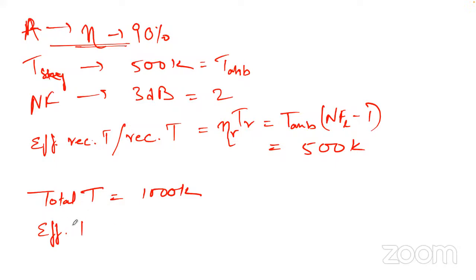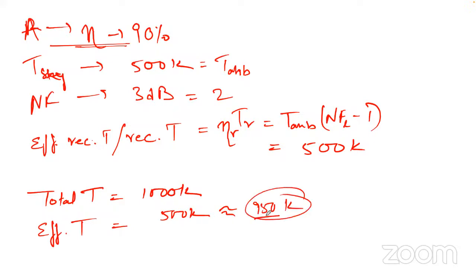Effective temperature will have this efficiency multiplied too, so the 1000 Kelvin will be reduced, to around 950 Kelvin.